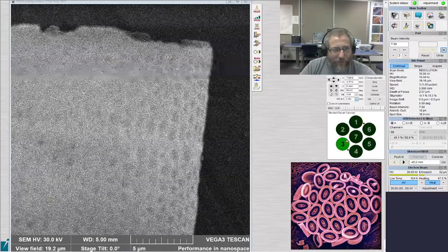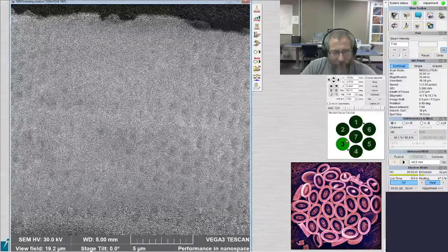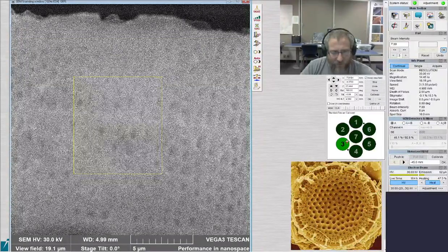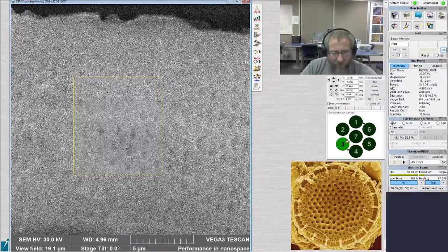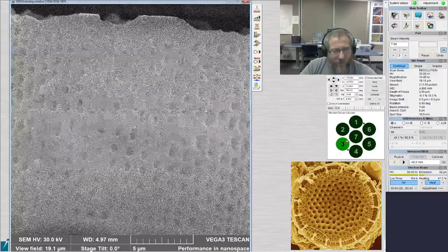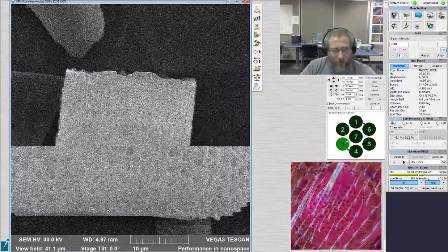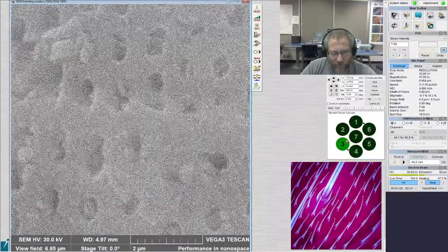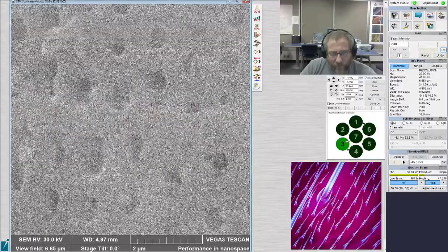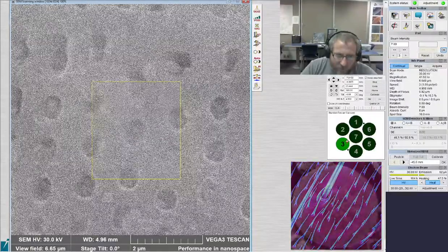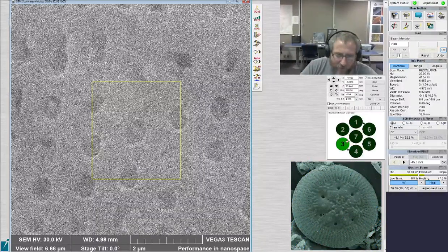I kept forgetting to do that. This one even looks like you'll see some crypta in there. Let's see what I can do about this. I don't know if those are just occlusions or if that's clay or what that is. It's not perfectly visible.